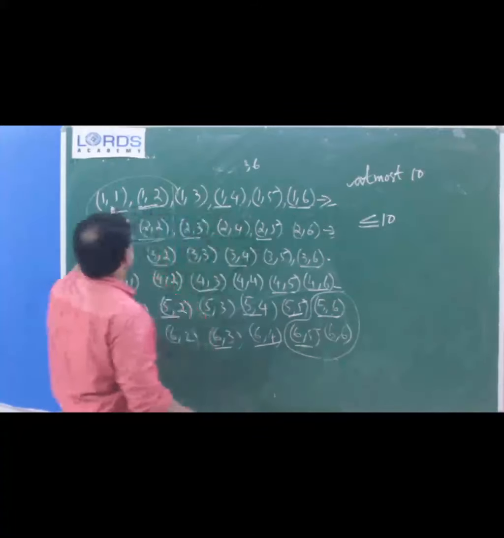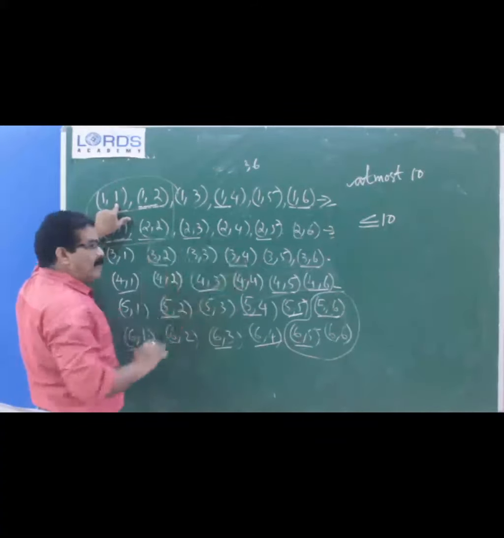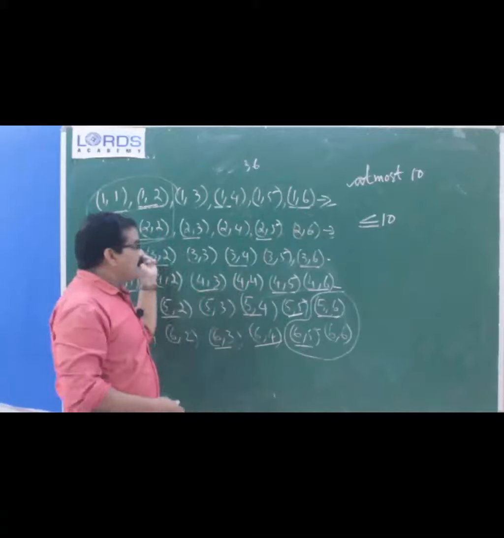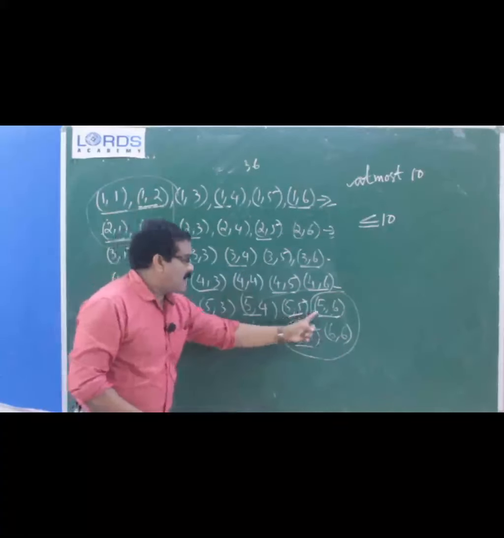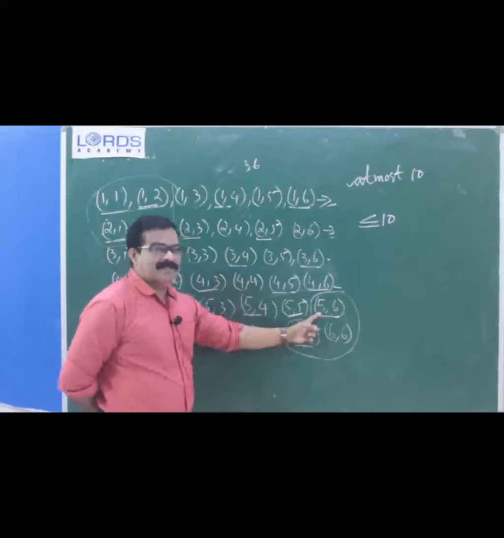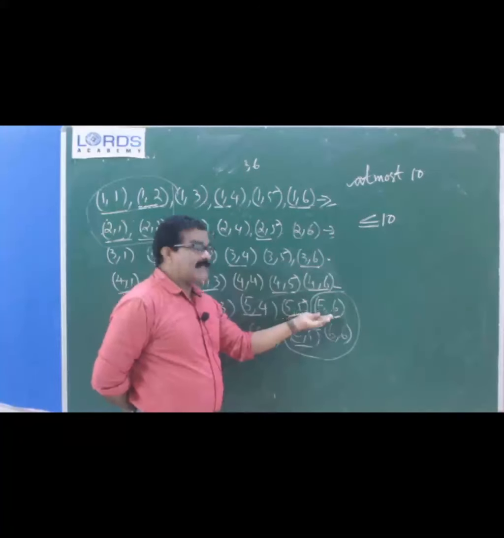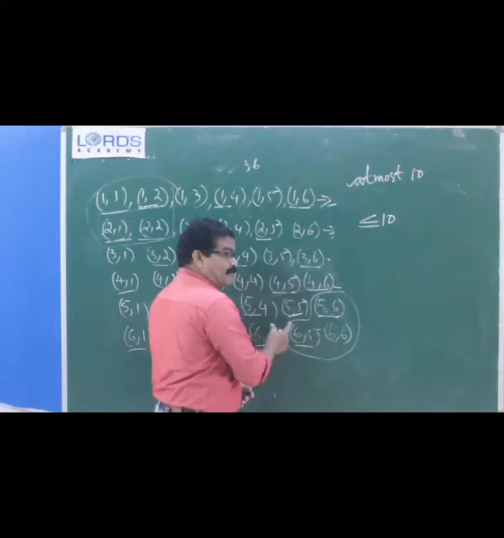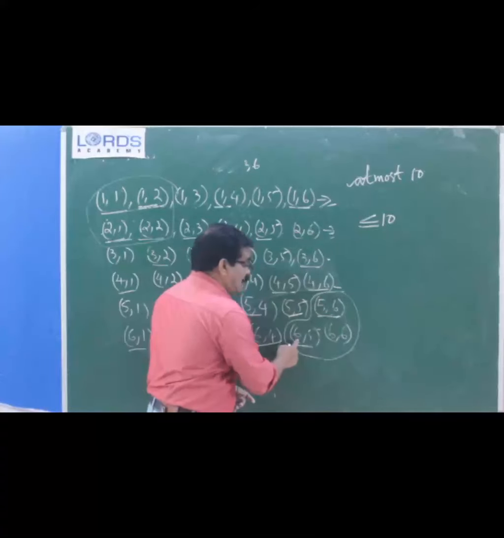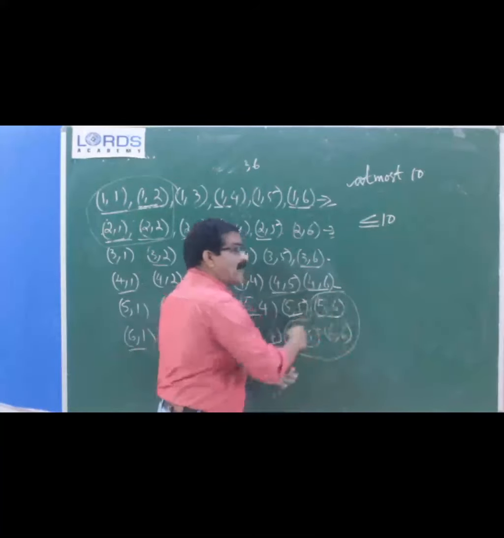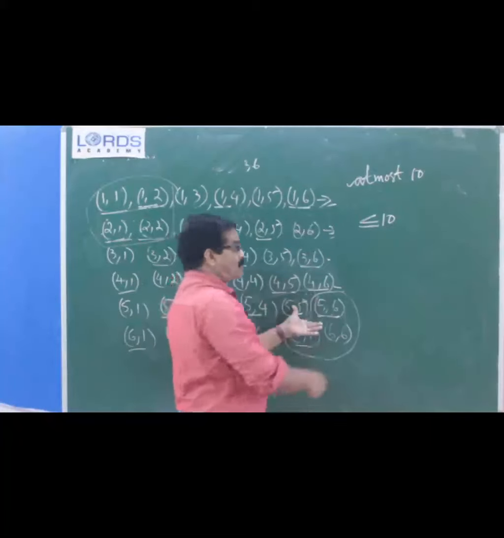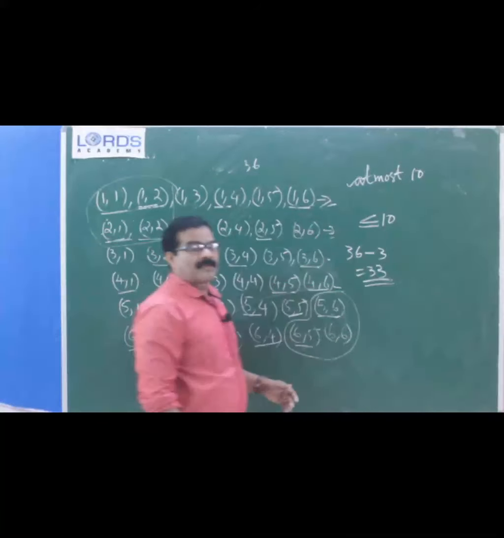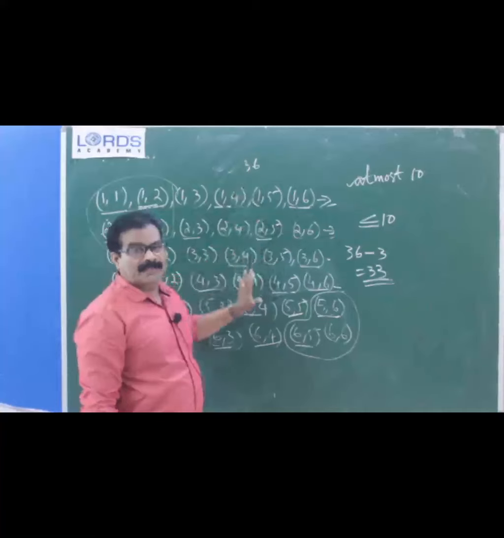When you add, 1 plus 1, 2, 1 plus 2, 3, 4, 5, 6, 7, you can take in each row, but here you can see that 5 plus 6 is more than 10. We can't take this pair. Similarly, 6, 5. Then you have to avoid 3 pairs from the total possible outcomes. That is 36 minus 3 is equal to 33, the number of favorable cases.